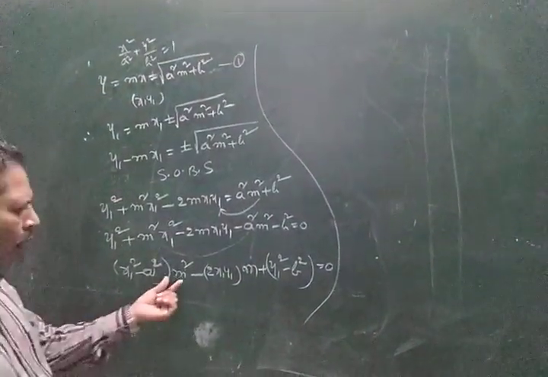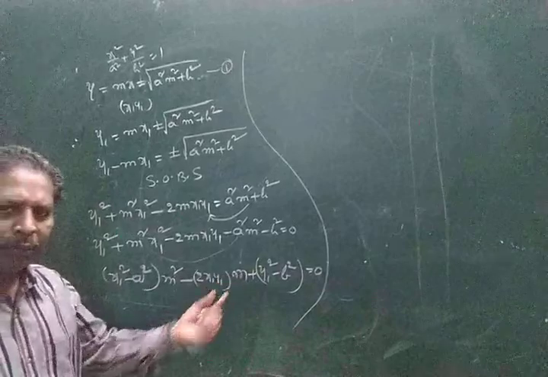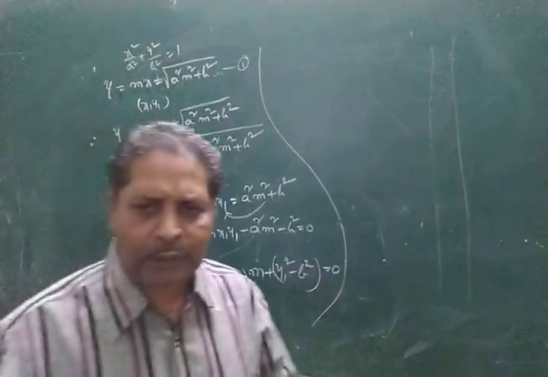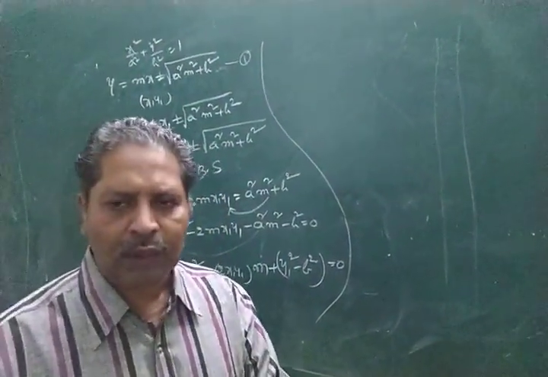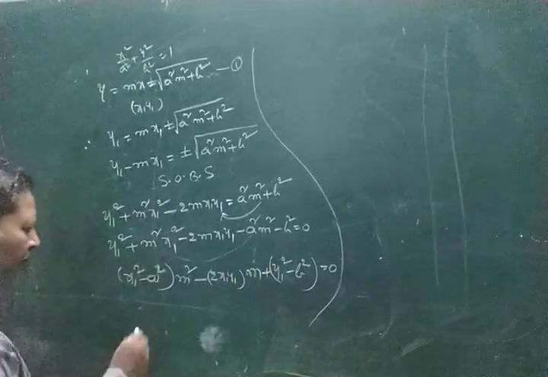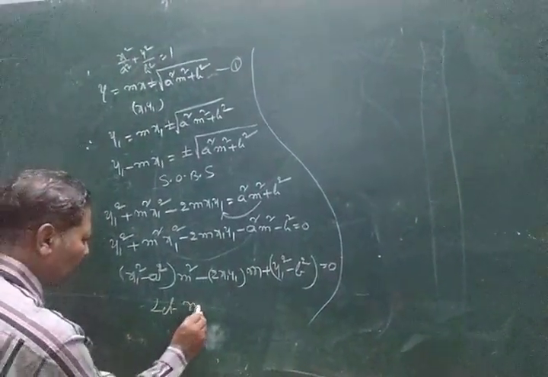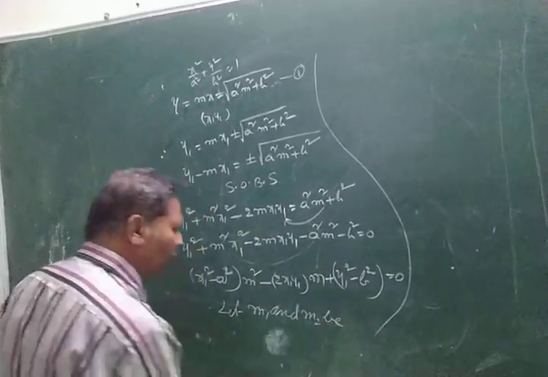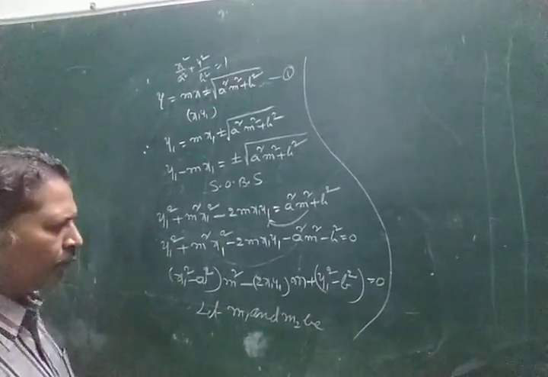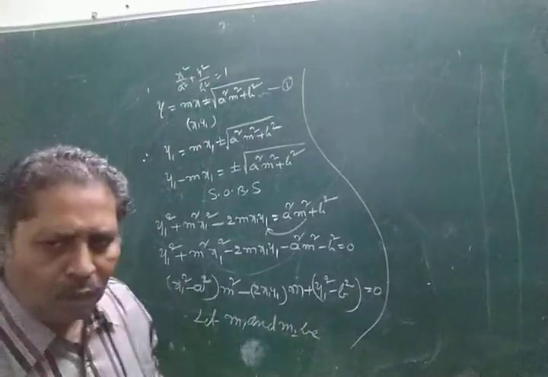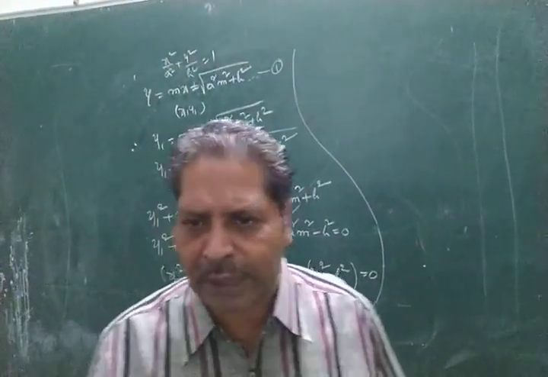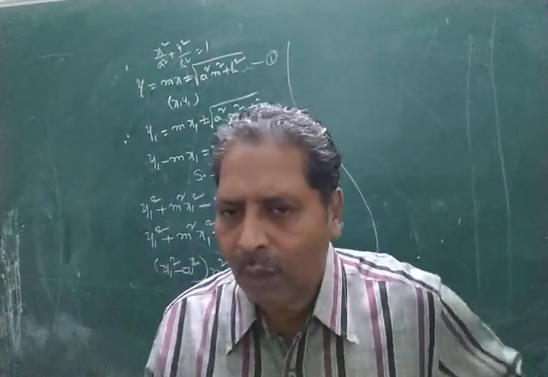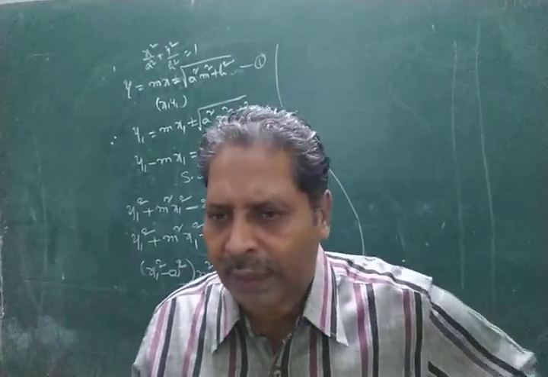So this is a quadratic equation in m. So it has two roots. Let m1 and m2 be the roots of the equation.